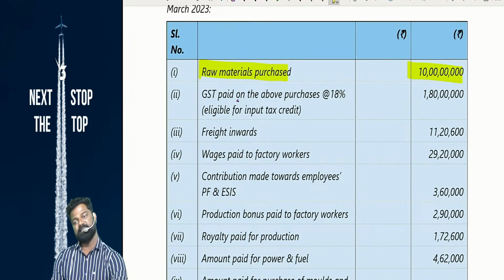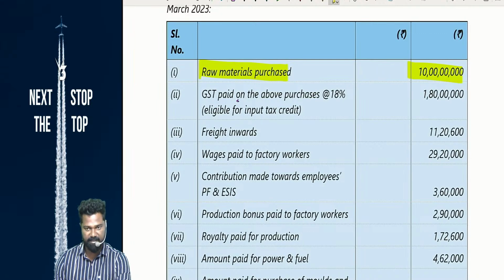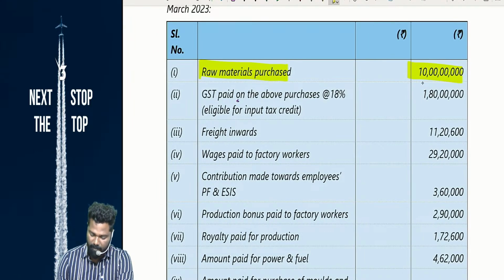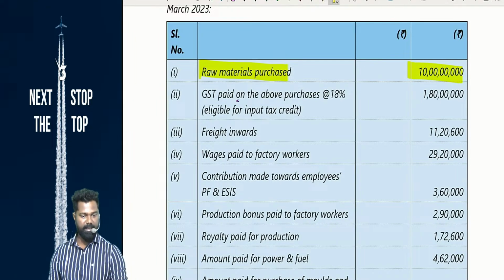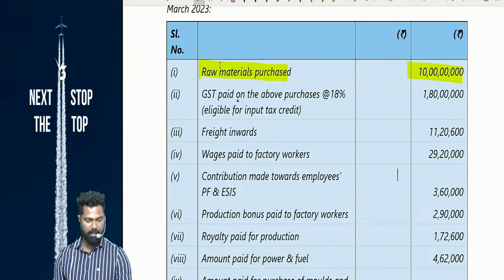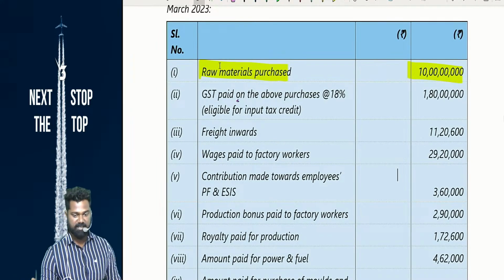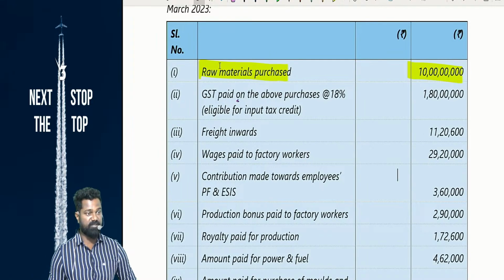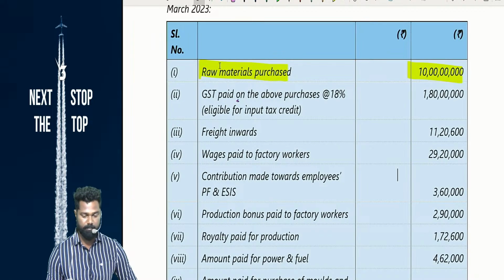Chalo, add purchases. First you do it. I'll make you do the problem, and then I'll help you out. Add purchases. How much is that? 10 lakhs. Which column? Inner column.